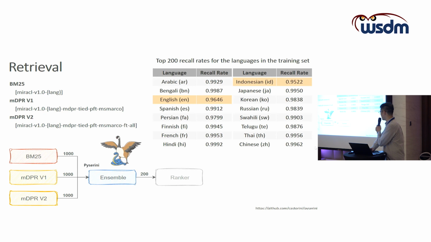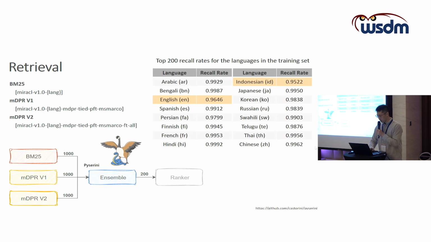This table shows the top 200 recall rates for different languages in the training set. We can observe that the majority of the recall rates are about 0.98, with only two exceptions, English and Indonesian.